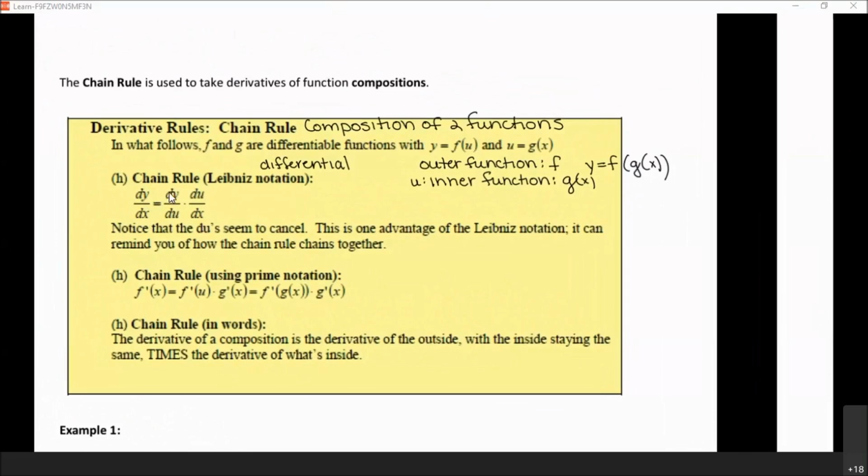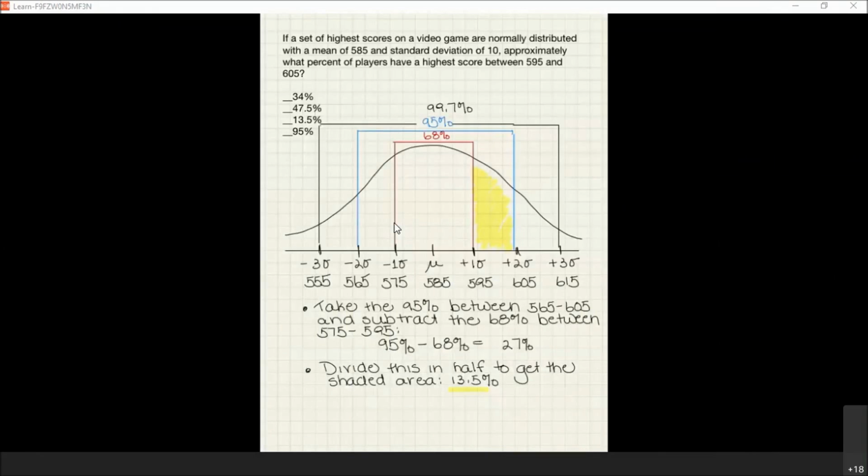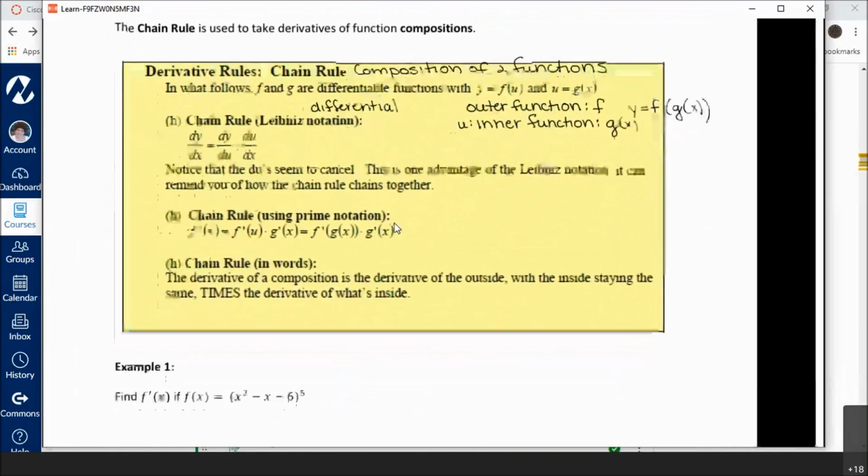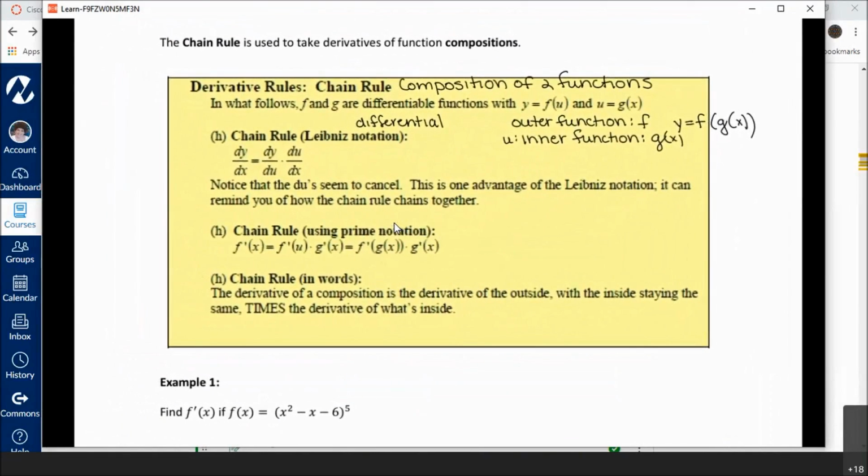It's the derivative of y with respect to u. What that's saying is take the derivative of the shape of the outer function, and then differentiate the inner function with respect to x and multiply them together. See the multiply here? There's a multiply here.